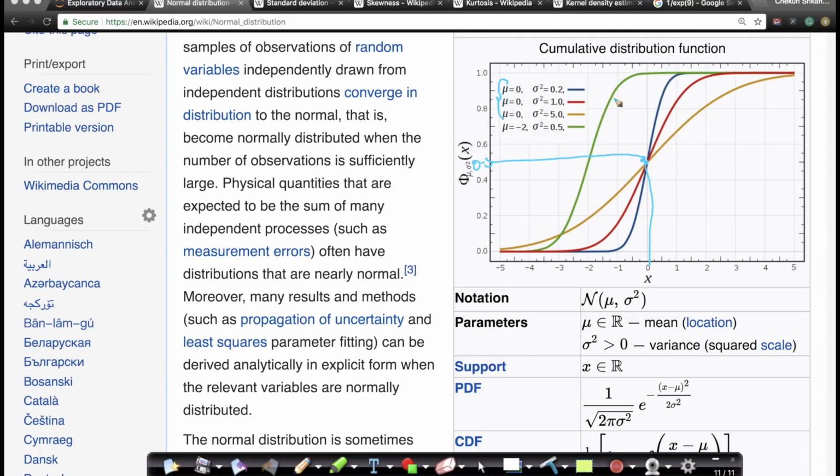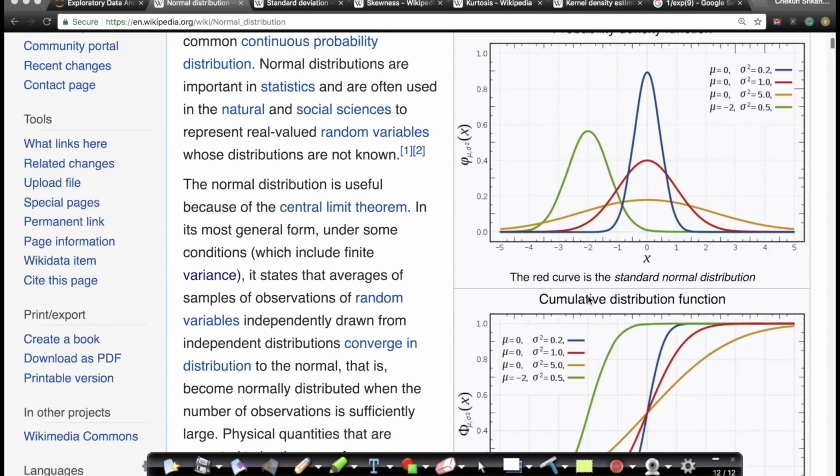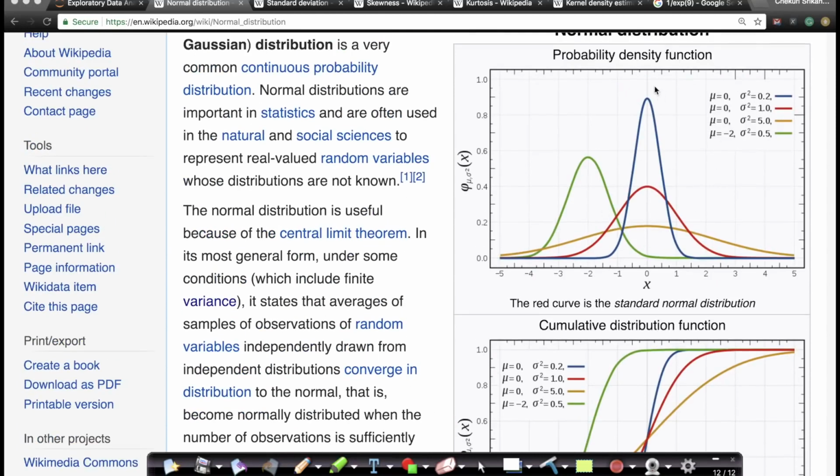But for the green line, which has a mu of -2, your half on the y-axis corresponds to x equals -2. So wherever the mu is, here the mu is 0 for these three distributions, the corresponding y value in your CDF will be half, because as you can see from our probability density function, it's symmetric, which means half the points lie on one side and half the points lie on the other side, right?